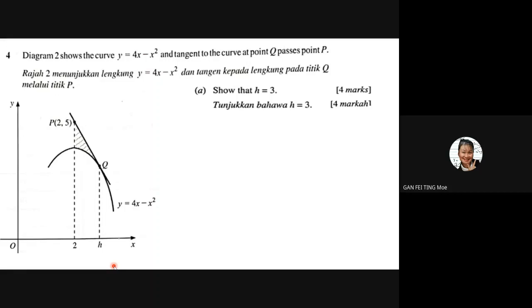The straight line intersects with the curve, right? Okay. How are you going to solve? What is your plan? I want to know your plan. Cannot, right? Okay, never mind.